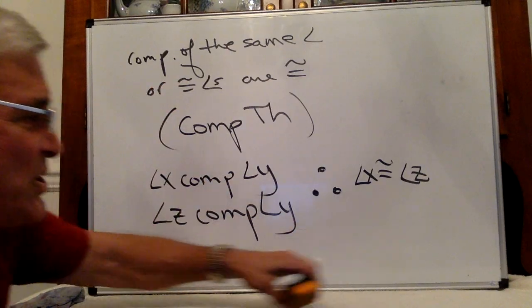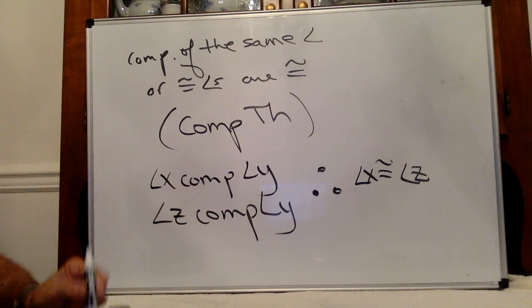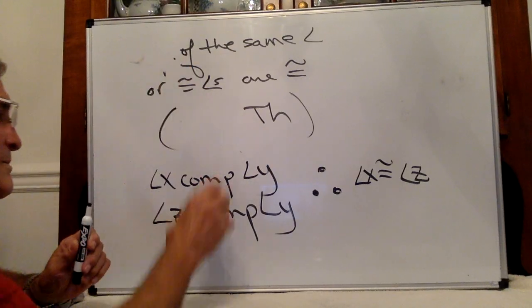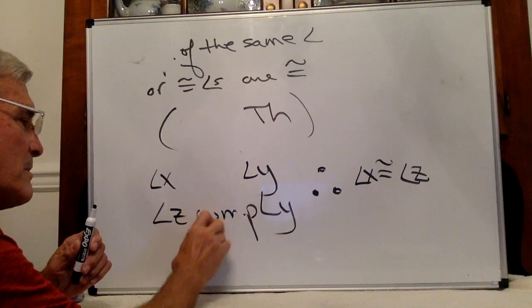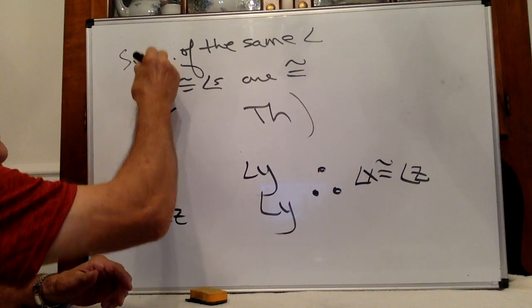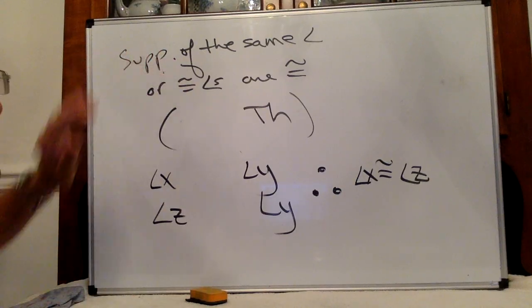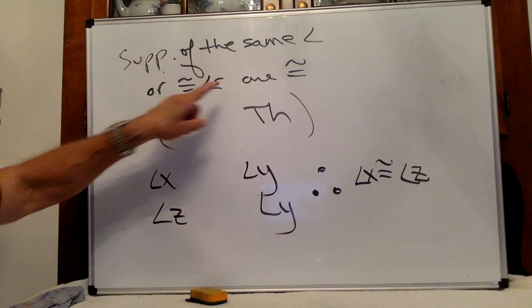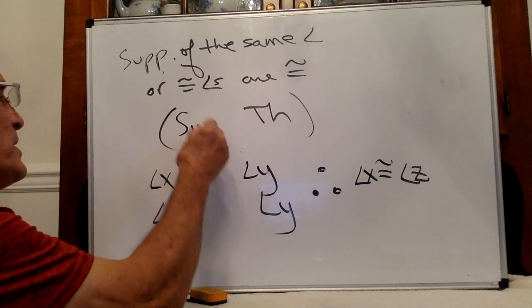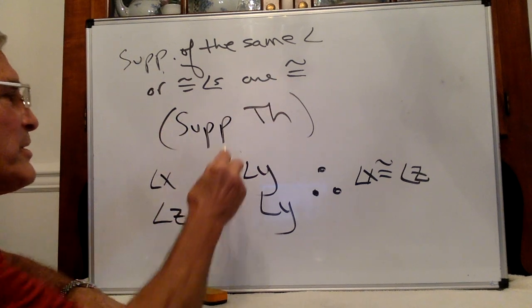If you just substitute in the word supplement, you get the same exact thing. Supplements of the same angle or congruent angles are congruent, and this will be abbreviated just supplement theorem.